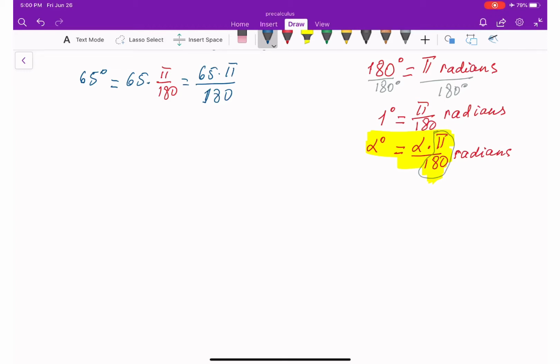So 65 times pi over 180. So 65 and 180 we can divide by 5, right? Here we get 13. Here we get 36. So the result we get is 13 pi over 36.